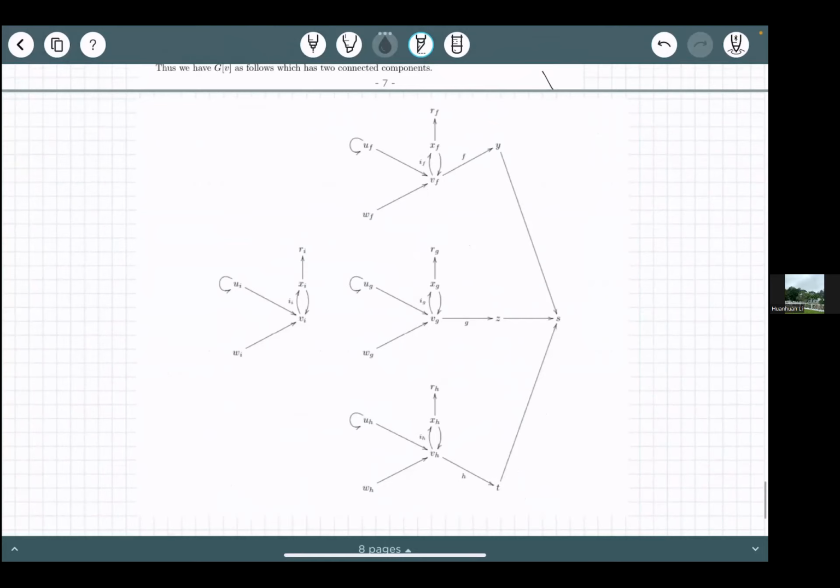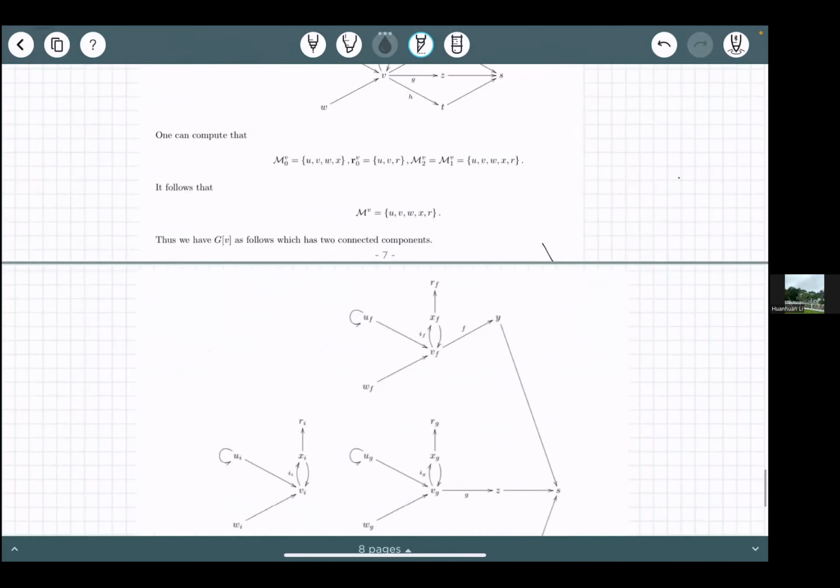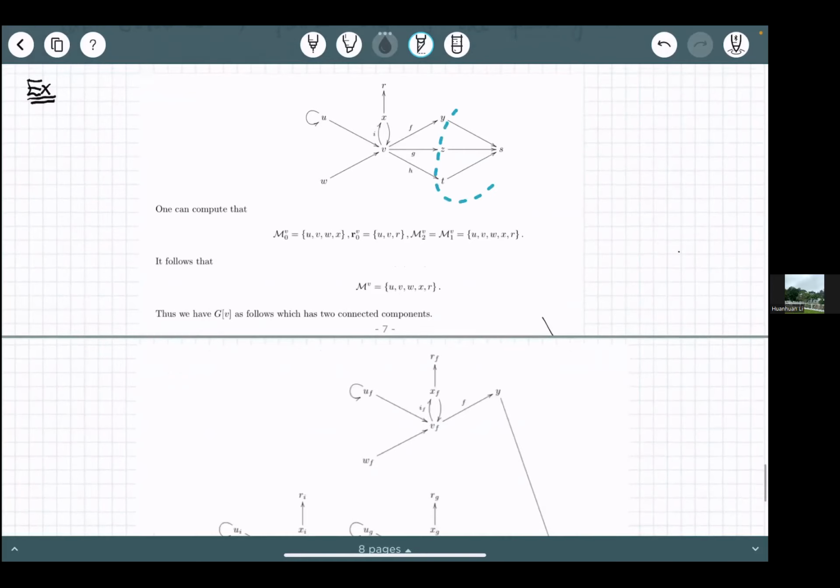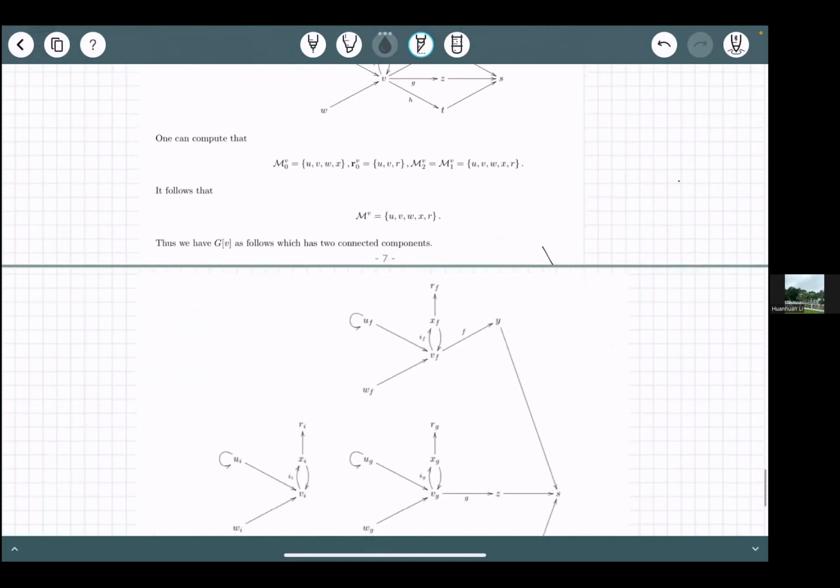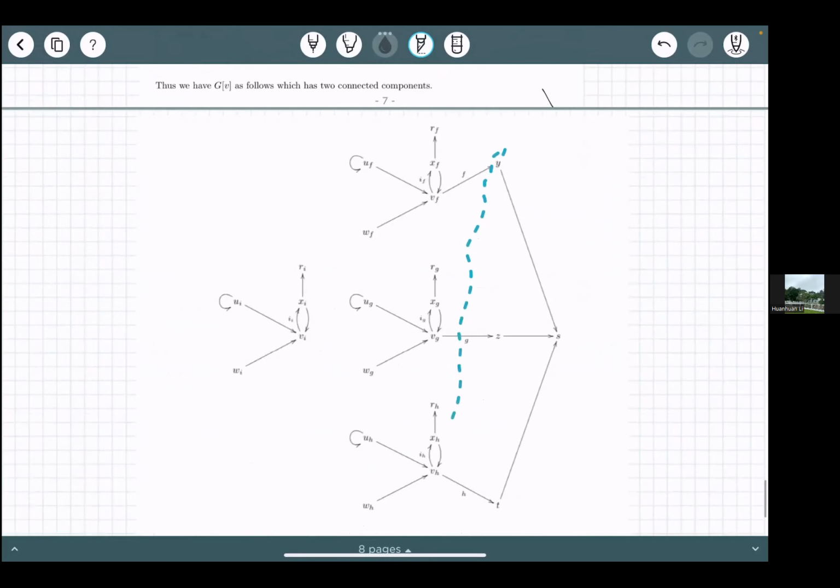Actually, we can see all these copied things, and then we can see the other graphs. This part is kept as before, because it does not go back to V, so they are kept as before.